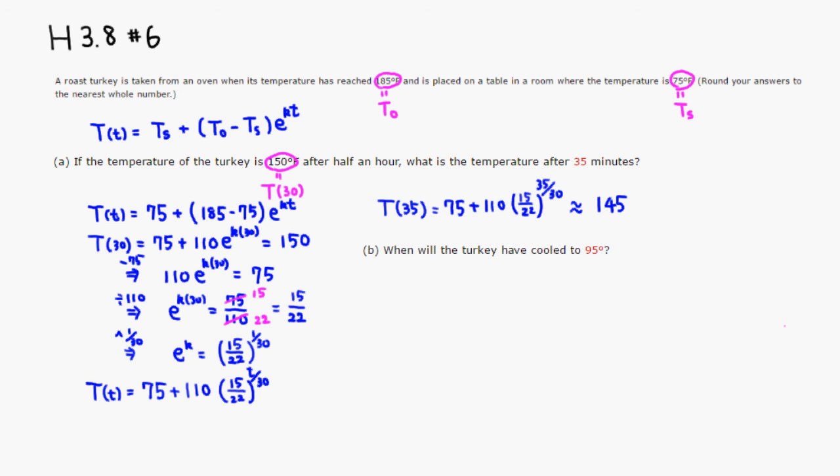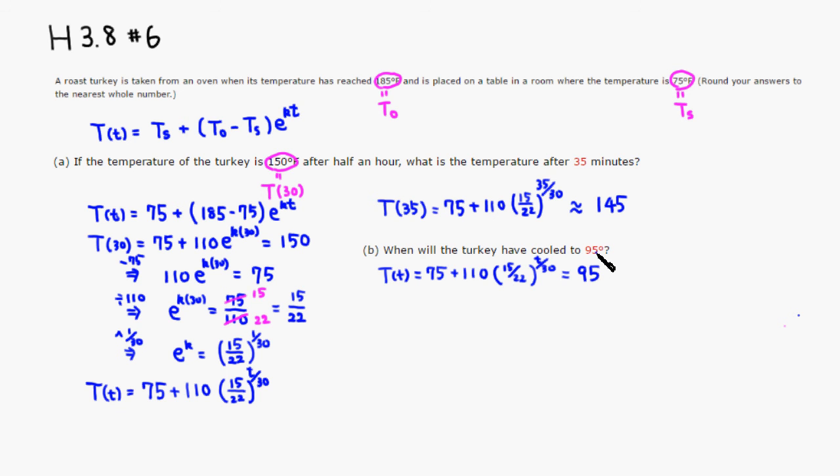So we want to set this temperature function, T of t, which is 75 plus 110 times 15 over 22 raised to the t over 30, equal to 95.